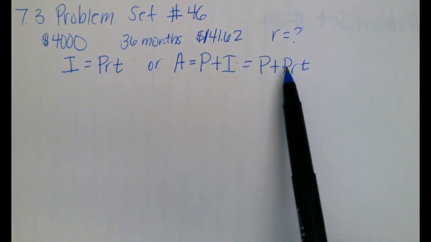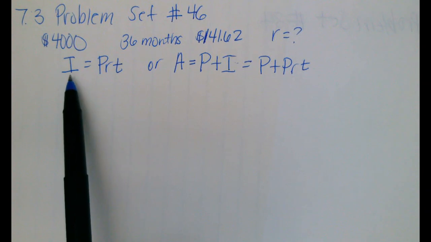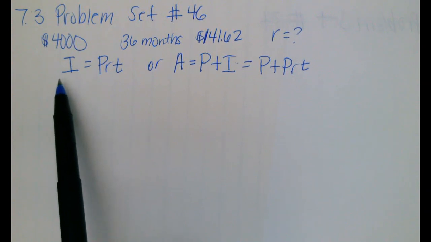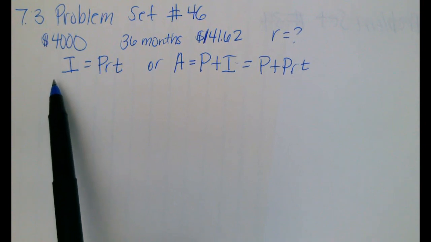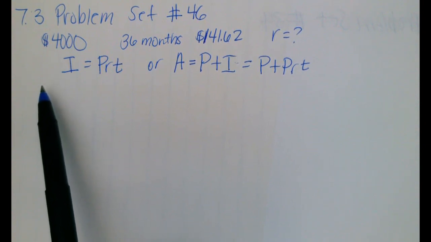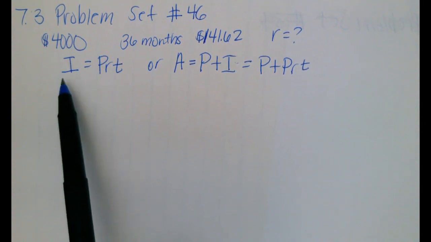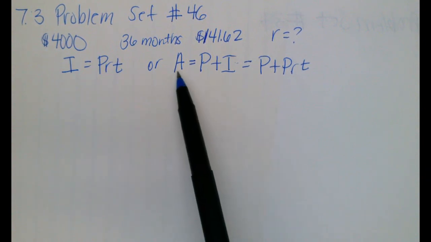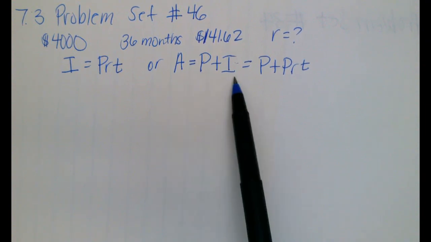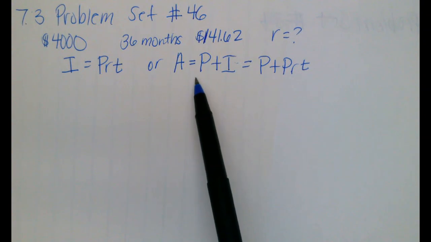So let's remember, I equals your amount of money of interest. How much over did you pay them back, or how much over did you get back from putting in? That's interest. A is how much you got back, or how much they charged you extra, plus what you put in.